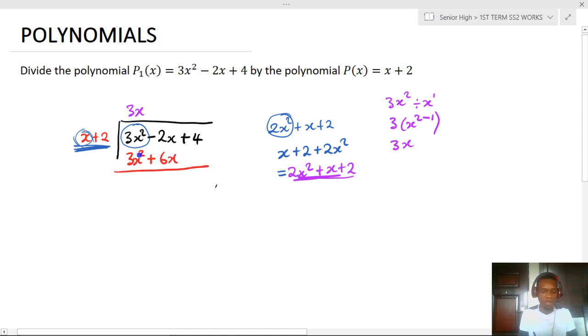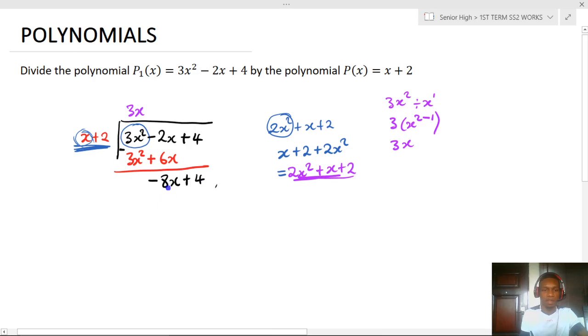Then the next thing we have to do is subtract. 3x squared minus 3x squared is out. Minus 2x minus plus 6x is like saying minus 2x minus 6x, and what do we have? Minus 8x. Then we bring down the value that is remaining, which is plus 4.